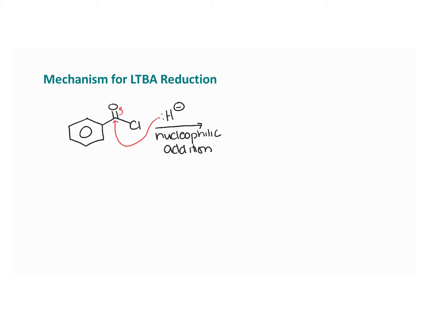It attacks the carbonyl carbon because it's partially positive, and the electrons go up onto the oxygen, and we've made a tetrahedral intermediate. Now this tetrahedral intermediate undergoes a tetrahedral collapse, with a nucleophile elimination. So these electrons go down here, and these electrons go there.